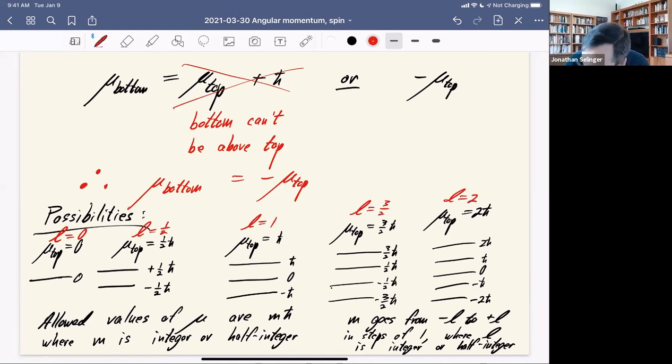L equals 2. Okay, so we get different families, different ladders, depending on what's the L number, which can be an integer or a half integer.